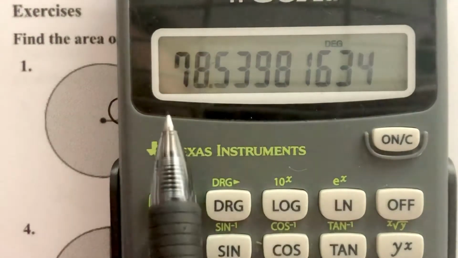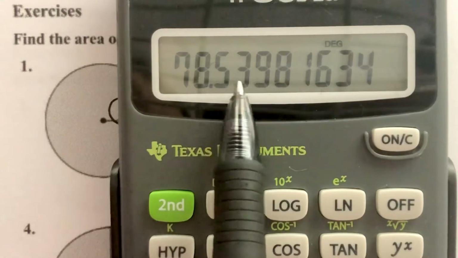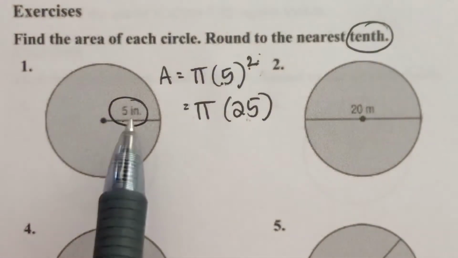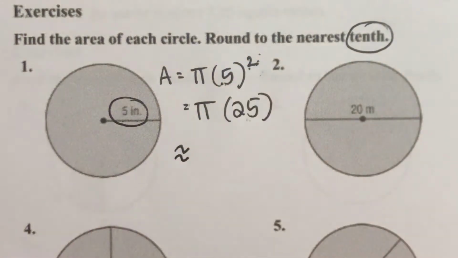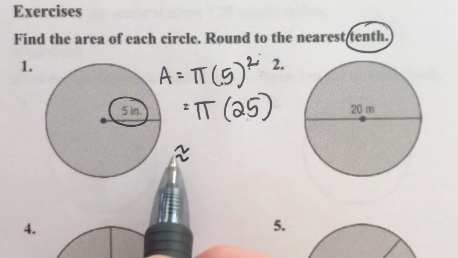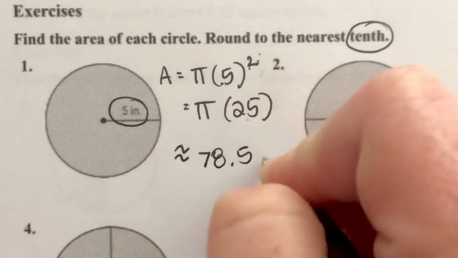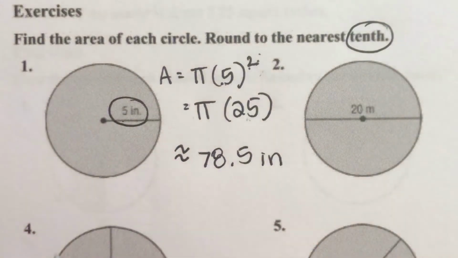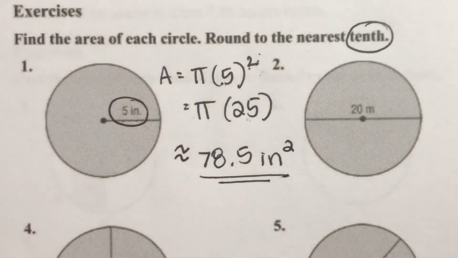All right, so I get 78.53, blah, blah, blah, and it says to round to the nearest tenth, so this 3 keeps this at a 5. 78.5, and it is in inches. So this is about, it's not exact, when we're rounding, we do the little squiggle equal sign, about 78.5 inches, and it's the area, so it's two-dimensional, so we put a little 2 back here. It's always in square measurements, not just flat measurements, okay?